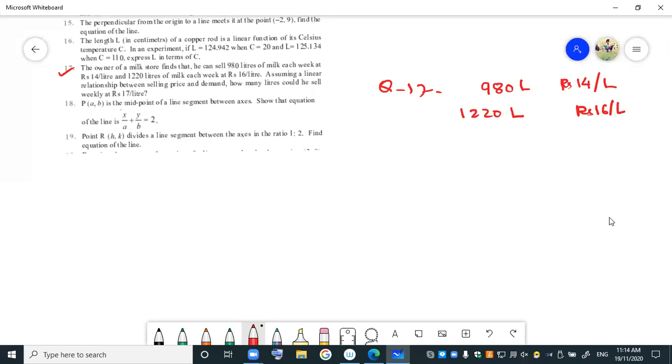Assuming a linear relationship between selling price and demand, how many liters could he sell weekly at this rate?